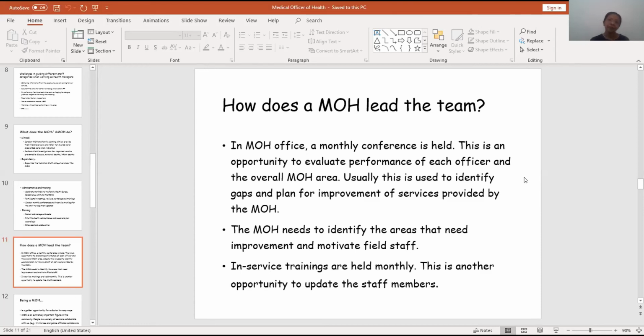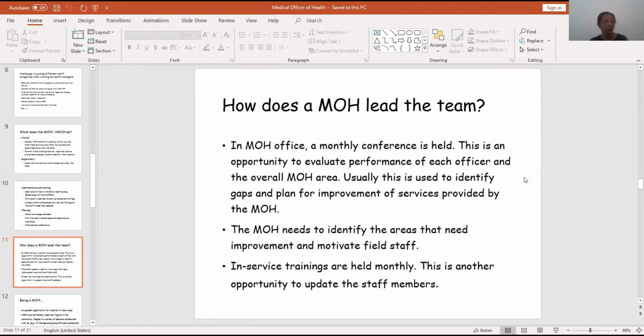Usually, at the monthly conference, we have to discuss all the circulars and the letters received during the previous month. And we have to update our knowledge. And we have to evaluate the performance of each technical officer, not only the PHNs, but the PHIs as well.